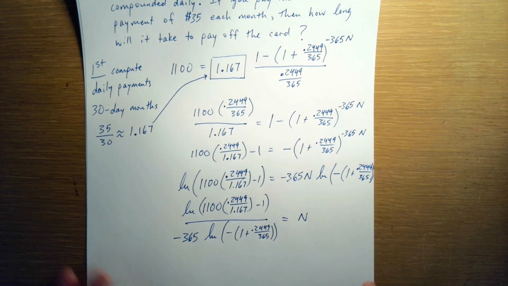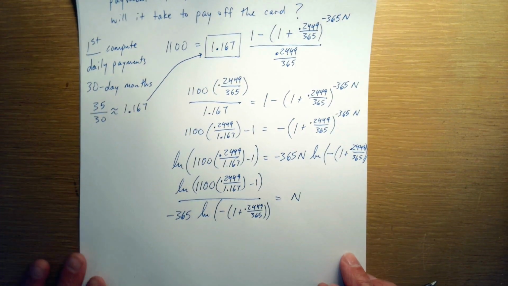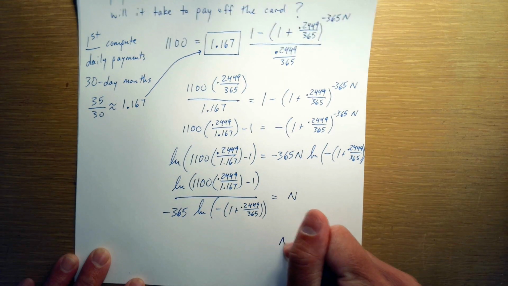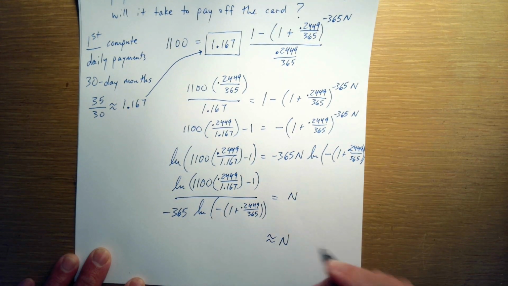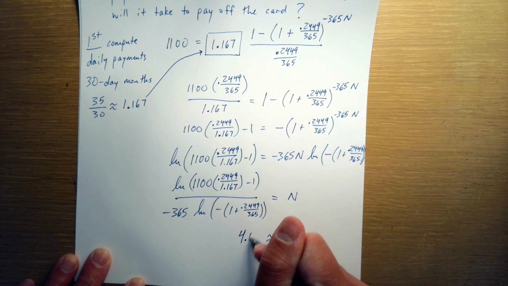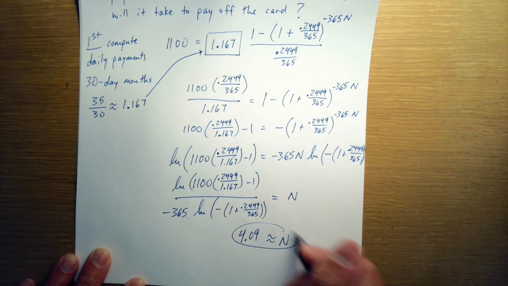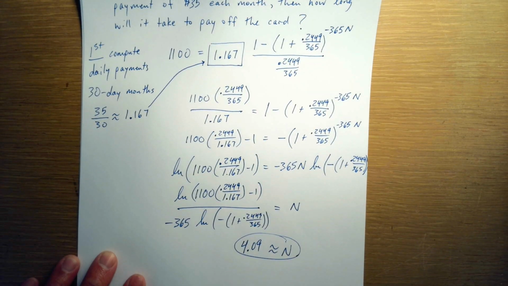And that's n. So I won't put you through any more of this agony, and I'll just tell you roughly what n is. It's about 4.09, and that's in years, because remember that's the standard time unit.